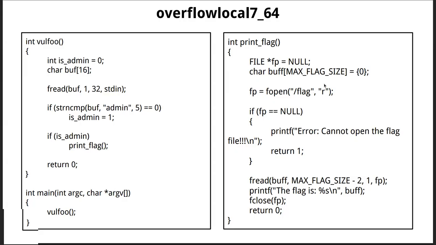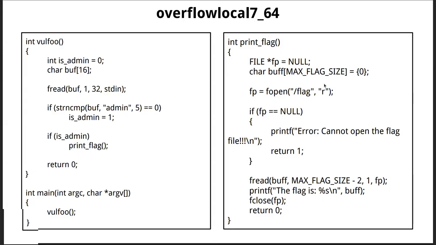Print flag is the function we have been using many times in this semester. You probably didn't see the source code before, but we have been using this function a lot. The source code is very simple. There is a file pointer. There is a local buffer, which is kind of big, 256 bytes.